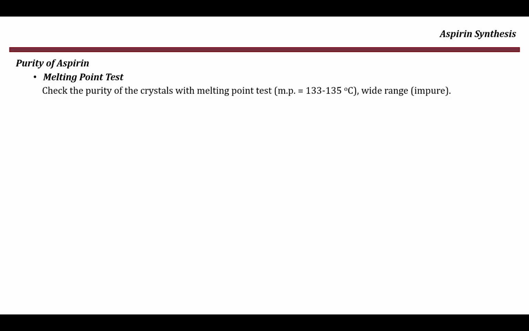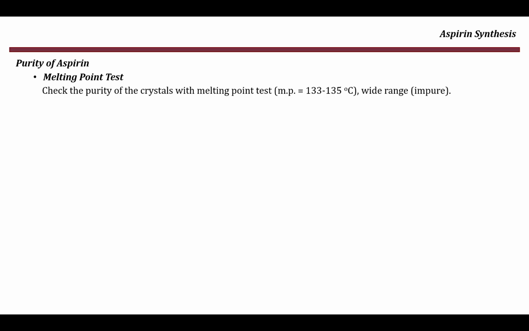If you remember before, we talked about the melting point and its importance. Usually if you measure the melting point of a solid and you notice that there is a wide range, or if you notice that the melting point is lower than the literature value, this indicates that the solid is not pure. So this is one way of determining whether our aspirin is pure or not.